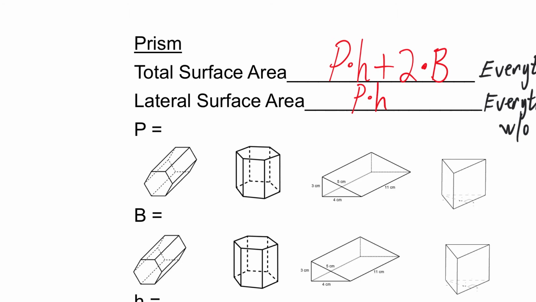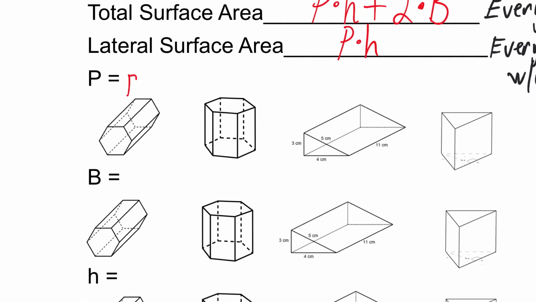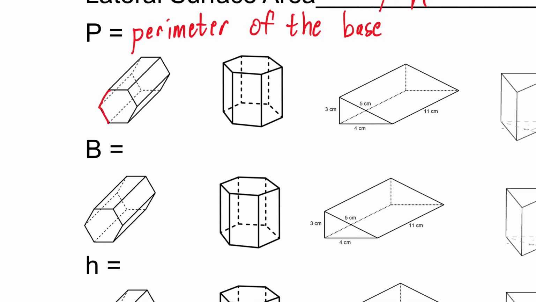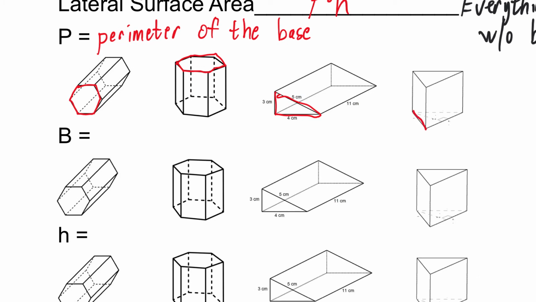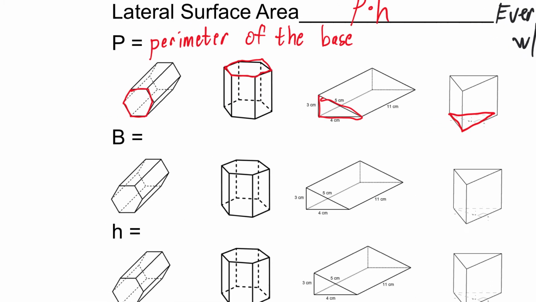Okay, what does the capital P stand for? Remember it's not just perimeter, it's perimeter of the base. So on this one, we would be looking for the perimeter of that shape right there. On this one, the perimeter of this shape, and here, and here.